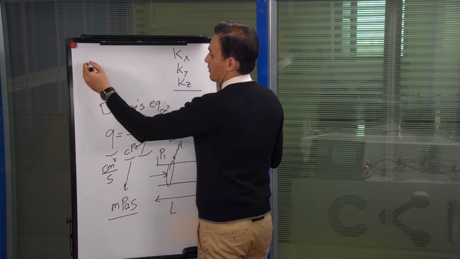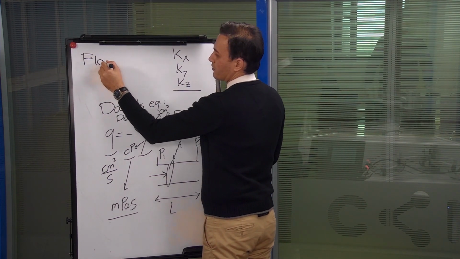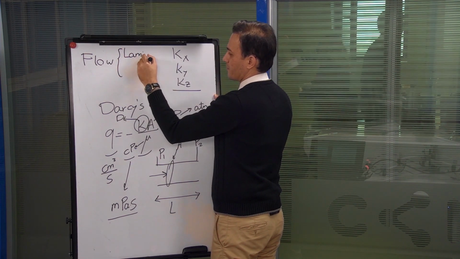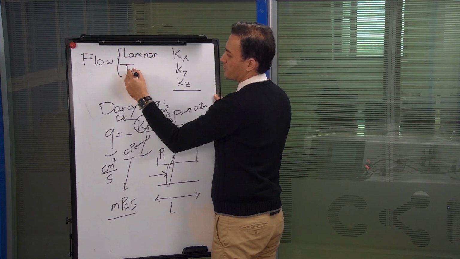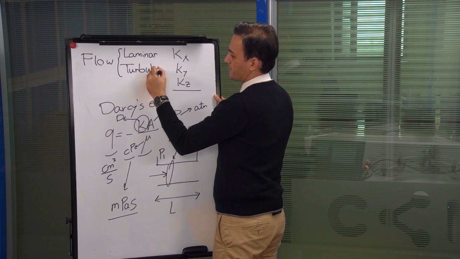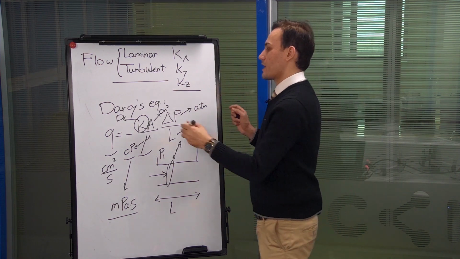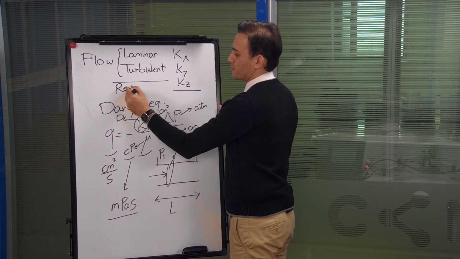So when we have flow, the flow can be laminar or it can be turbulent. And this classification is done based on a parameter which is called Reynolds number.